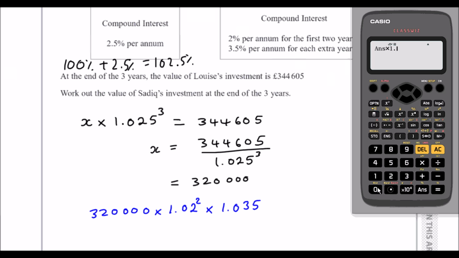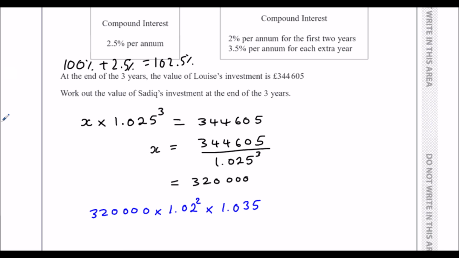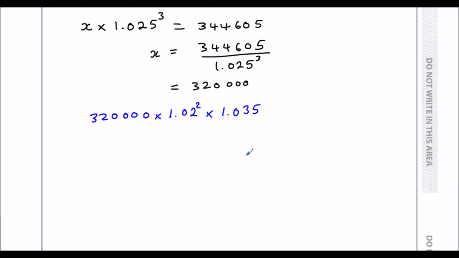So let's type that in the calculator and see how much Sadiq has at the end. So £344,580 and 48p. So that is our answer.